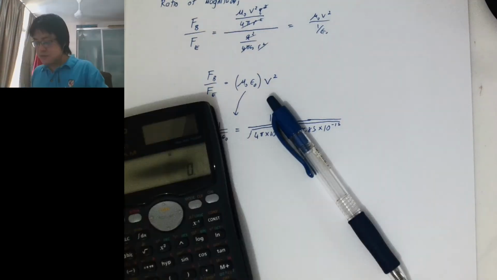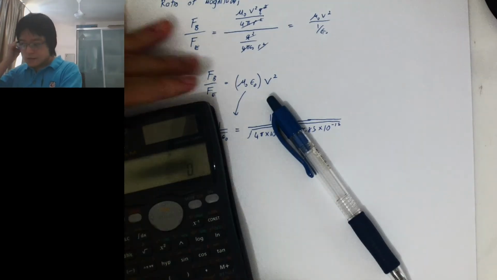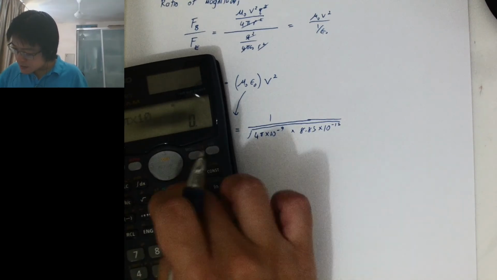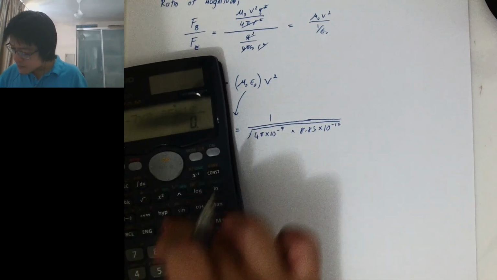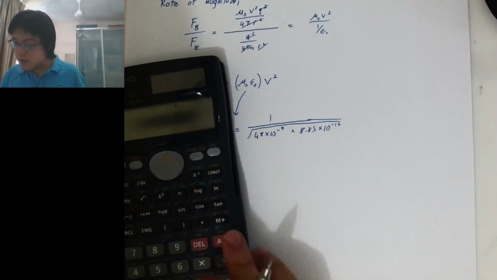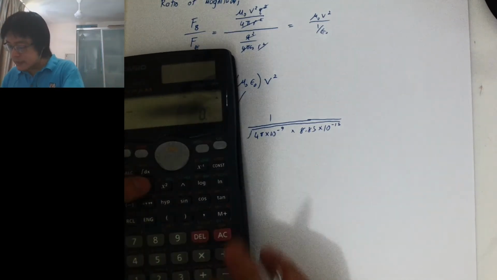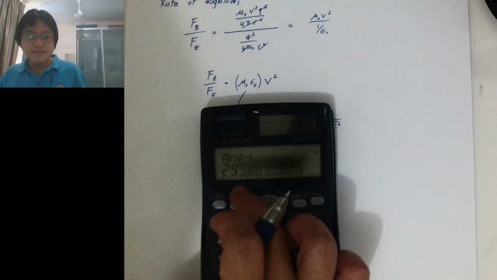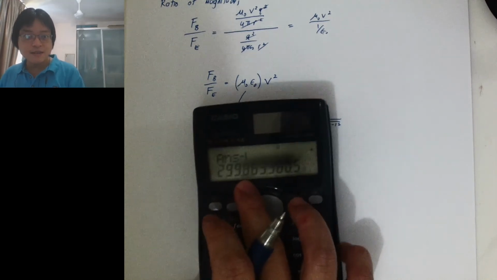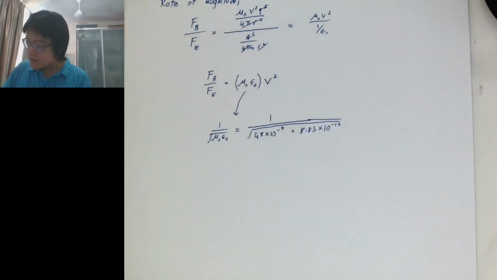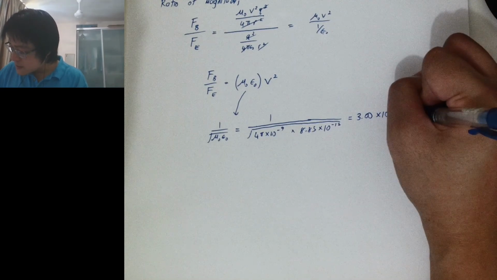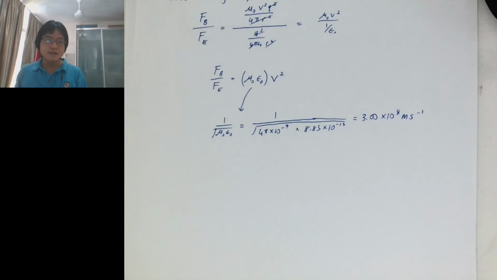Okay, so what we have here is the 4 pi times 10 to the minus 7 times 8.85 times 10 to the minus 12. So you got some number here, right, and then I take the square root and then I inverse this answer. I get exactly this. So this is actually exactly the speed of light, right? So this is actually 3.00, if you round off, times 10 to the 8 meters per second. So this is actually the speed of light.